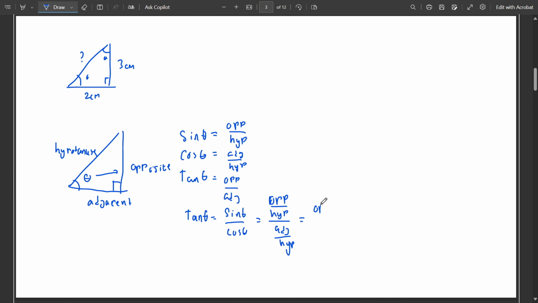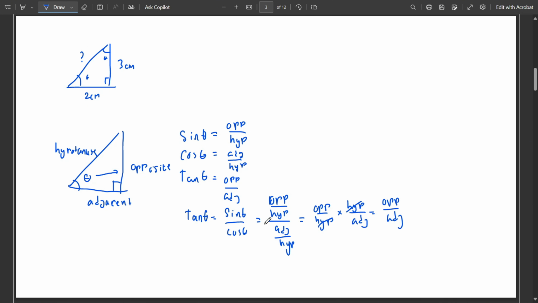We can simplify this, and this will become times, so it becomes the hypotenuse over adjacent. This cancels out, becoming opposite over adjacent.